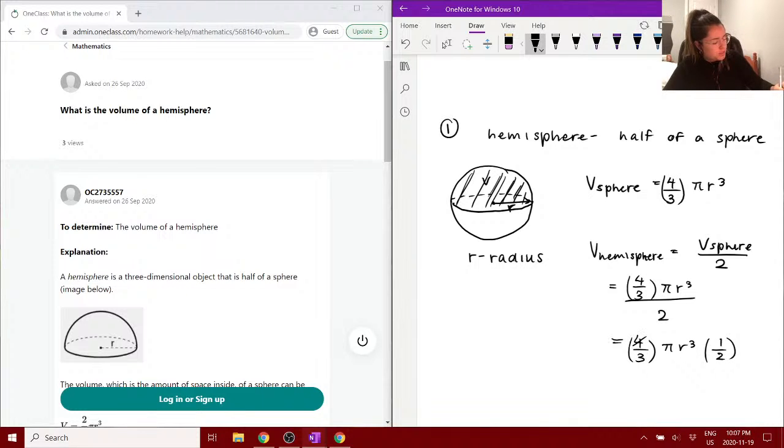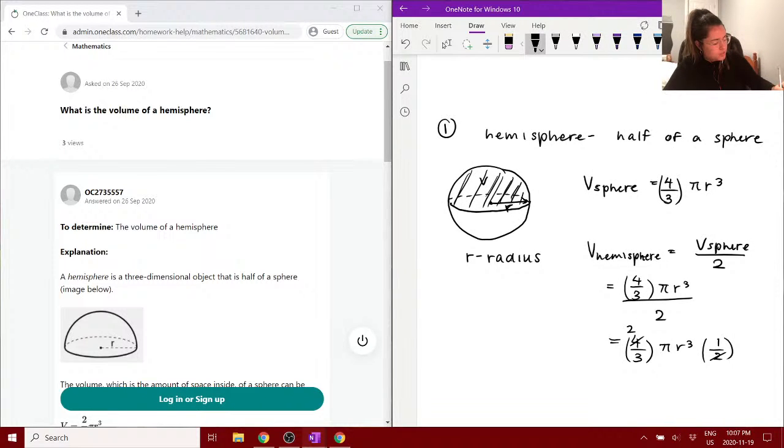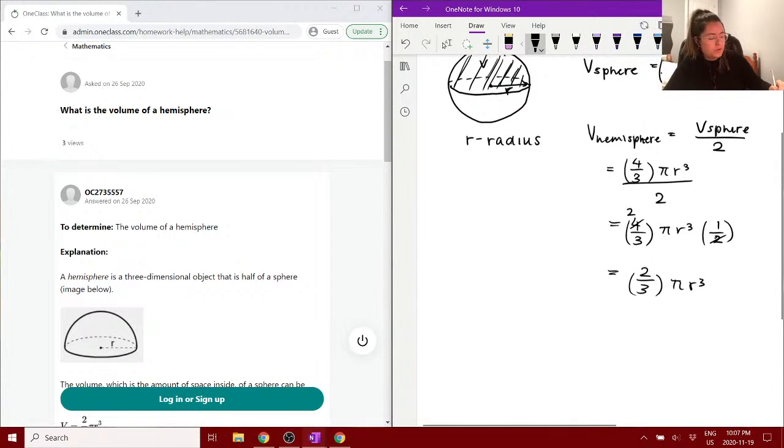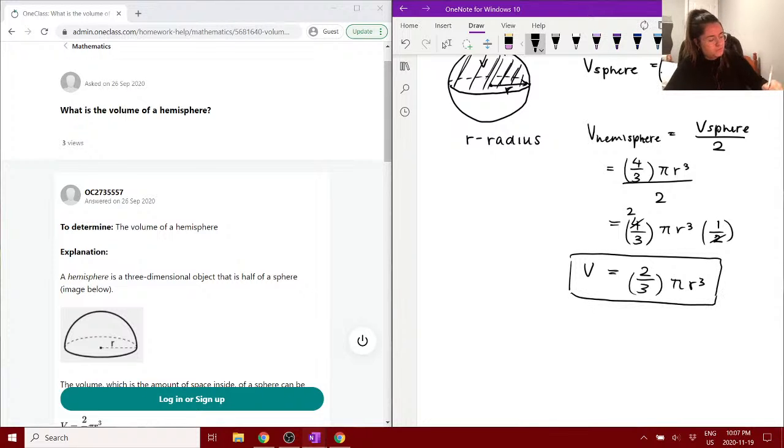And we can cancel out the 4 and the 2: 4 divided by 2 gives you 2 in the numerator. So you're left with 2 over 3 pi r cubed, and that would be the volume for a hemisphere.